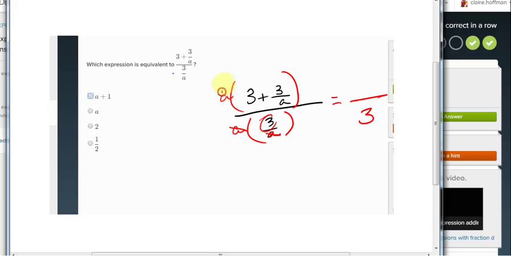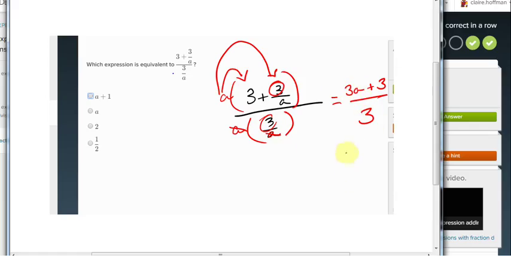And on top, a times 3 would give me 3a plus a times 3 over a would give me just my numerator, just 3. And then here, I have 3a plus 3 over 3.